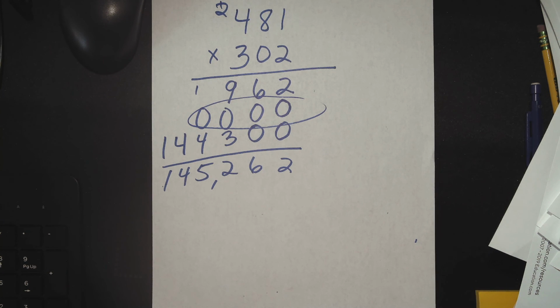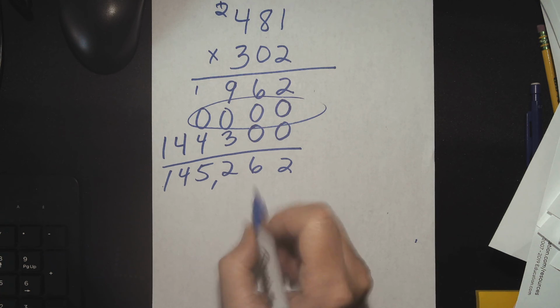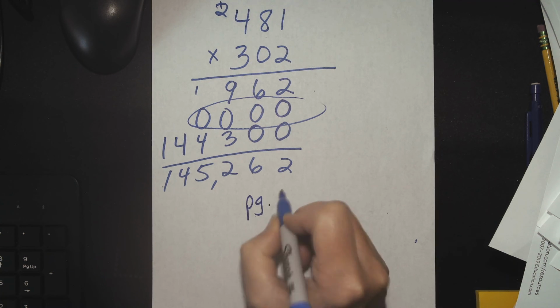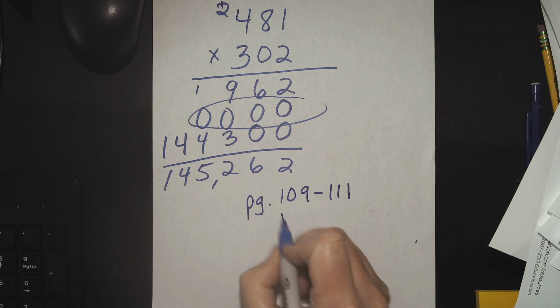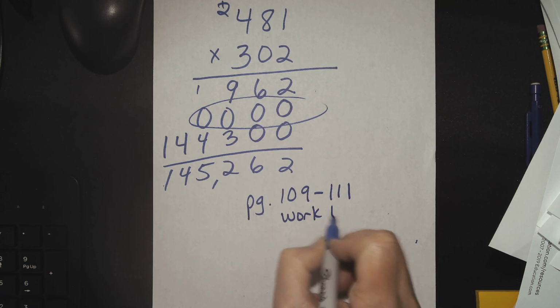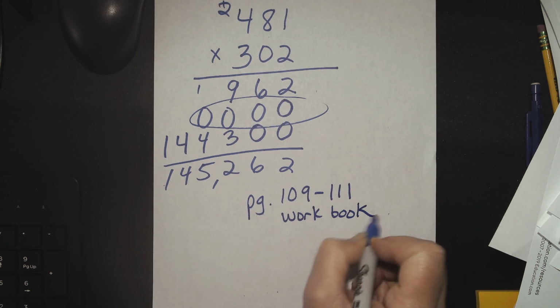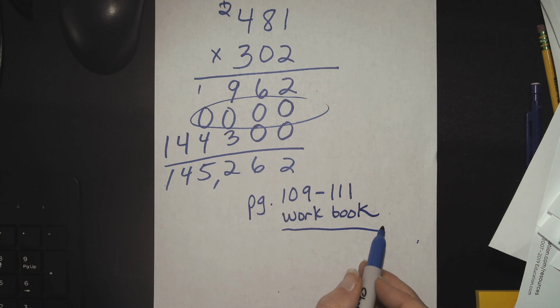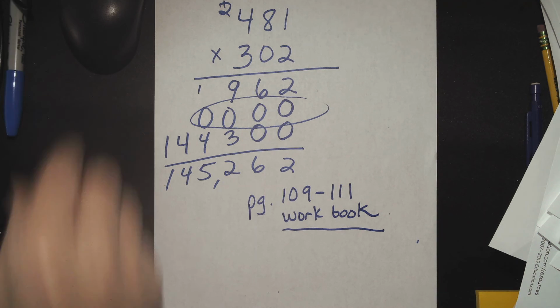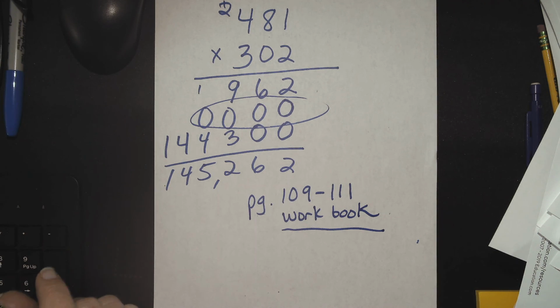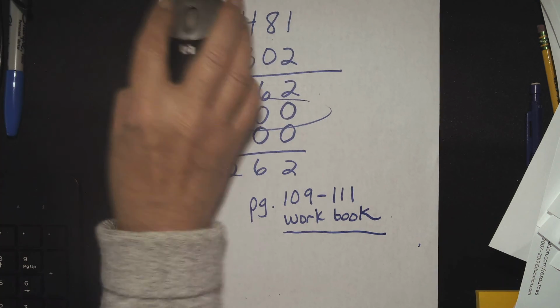Yes? Okay, so pages 109 through 111 in your workbook. If you would please work on that, and then when you're done, you can work on your turkey coordinate plane, and I have a challenge one for you that's fun too. That's all for today.